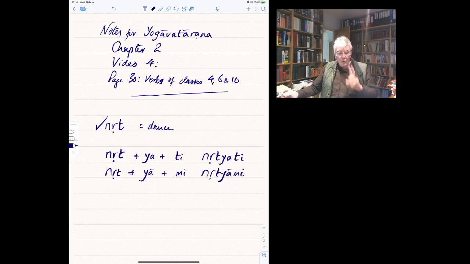You'll see that in all of these thematic verbs, that's the verbs that add an a to the root to make their present system, the a always lengthens to ā in the first person: āmi, āva, āma. That's nrityati, but nrityāmi.